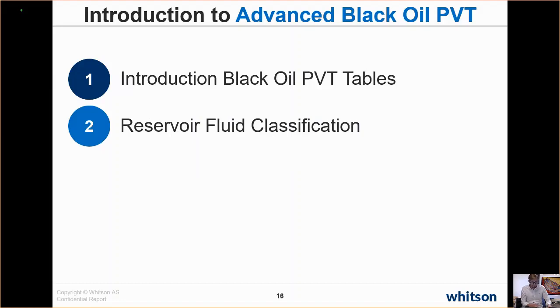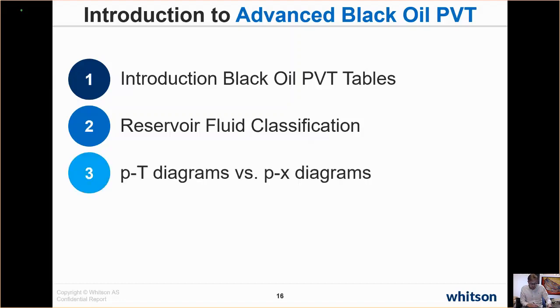We'll try to tie black oil PVT together with the reservoir fluid classification, at least on a rule of thumb basis. We'll discuss this 3-dimensional space that we just introduced, the pressure, temperature, and composition space, and look at different ways we like to plot and visualize it.